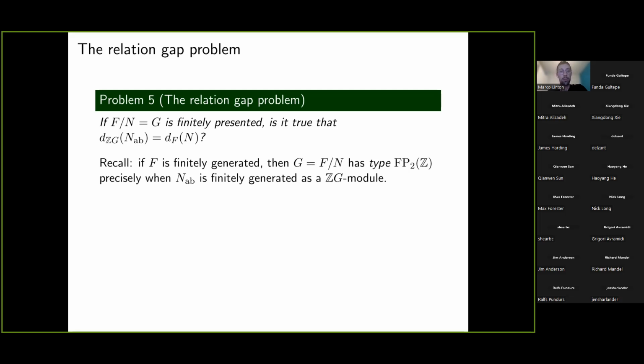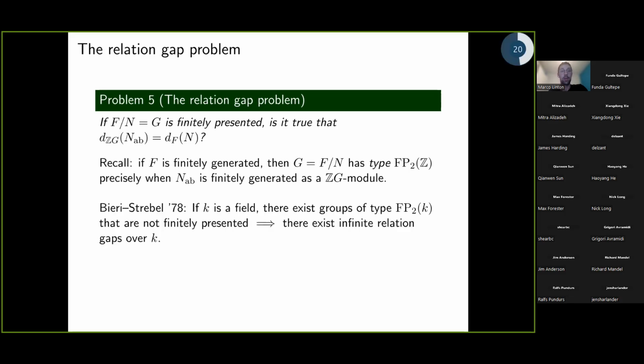And for a while, it was an open question as to whether there existed a group of type FP2 over Z which was not finitely presented. The first results in this direction were due to Bieri and Strebel in the 70s.